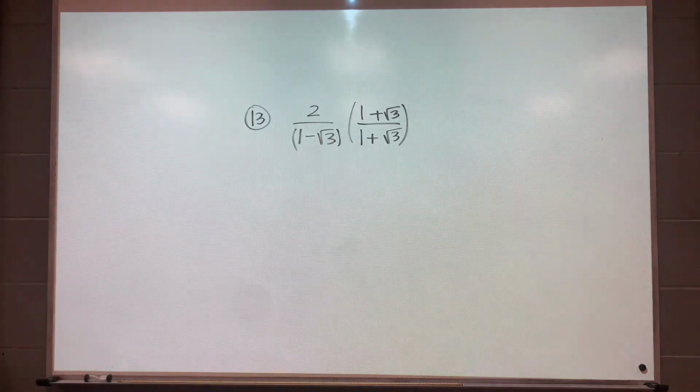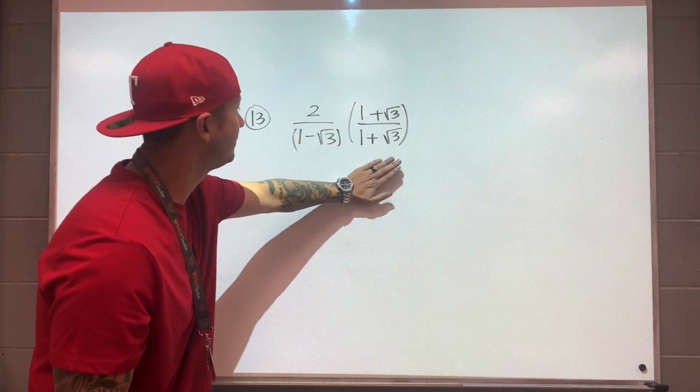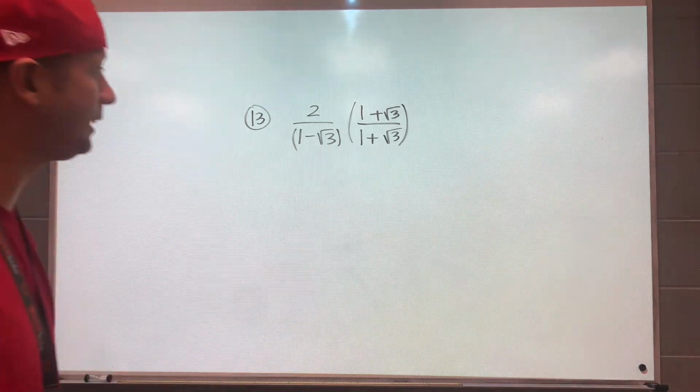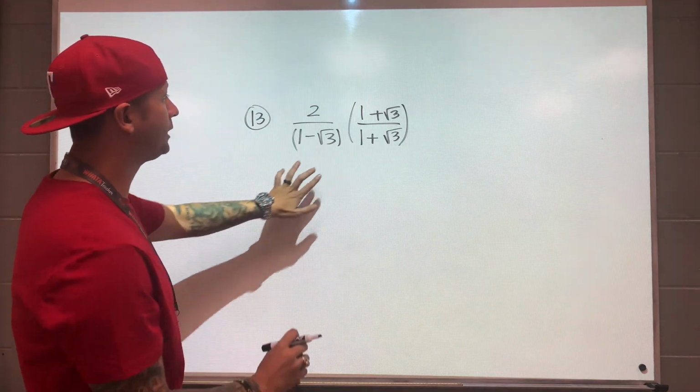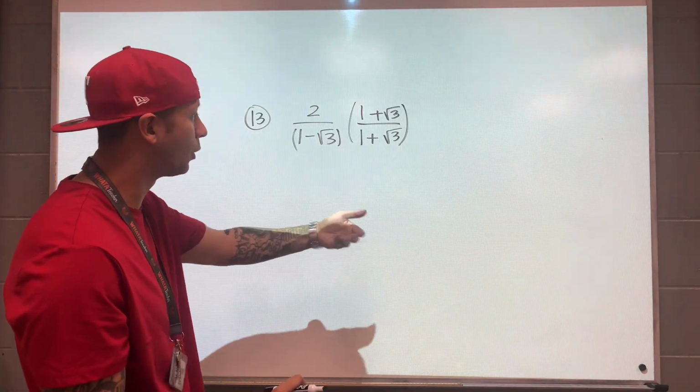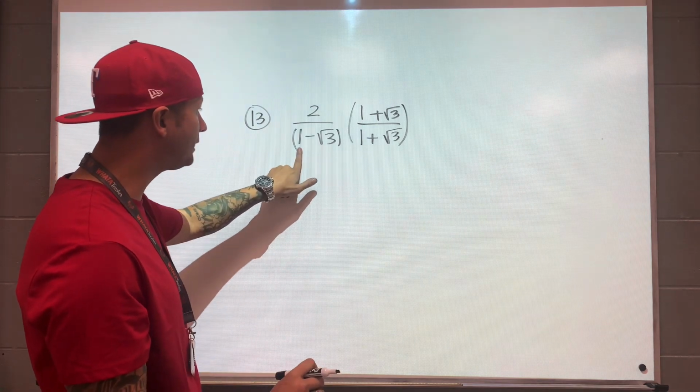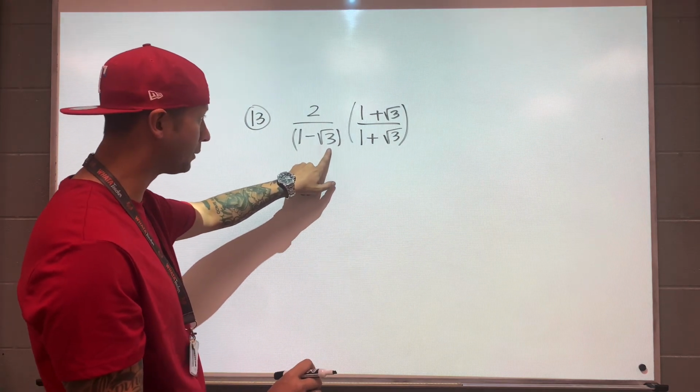The whole reason why we're using conjugates is because there's a beautiful property. If I FOIL this out, the middle terms are guaranteed to cancel. So it's basically a difference of squares working backwards. So I'm going to do a squared minus b squared.